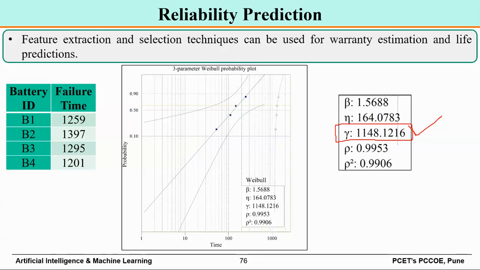Can we say 1100 or 1000 is the warranty life? Better option, right? So warranty estimation, can we call it as a feature? And this particular model helped me to find out what would be the warranty of that battery. Is it fine? This is a feature extraction.